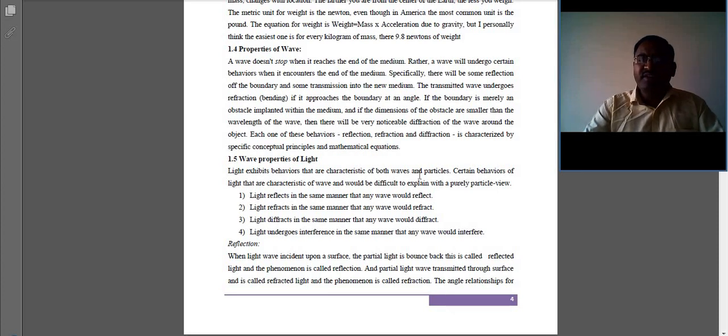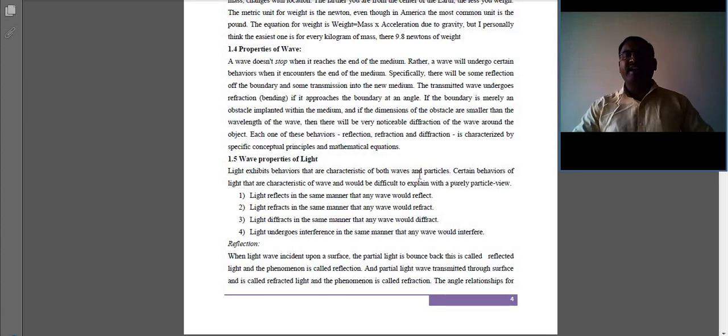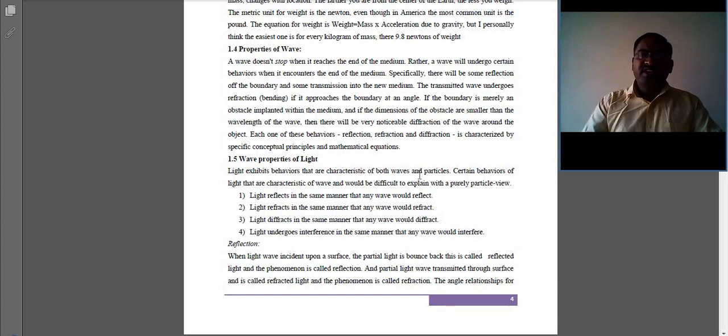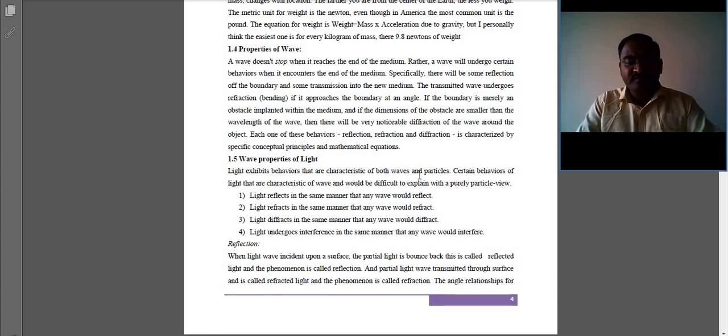The transmitted wave undergoes refraction, meaning bending, if it approaches the boundary at an angle, or if the boundary is merely an obstacle implanted within the medium. Here the wave behaves in these ways, either reflection, refraction or diffraction, characterized by scientific conceptual principles and mathematical equations.